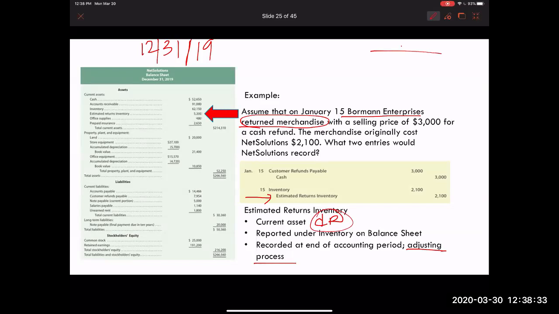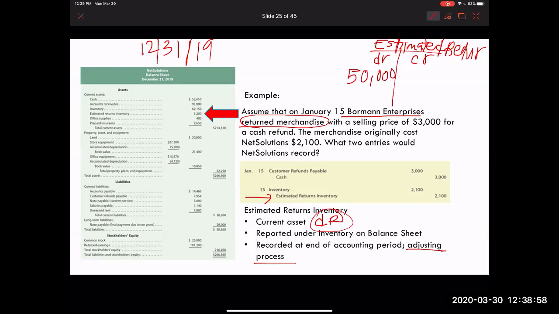The journal entry that we captured, very similar to what we did for the customer refunds payable, is at the end of the year on 12/31/2019, we had the estimated returns inventory, a current asset, as a debit. Maybe we did an estimate of, say, $50,000. That was our journal entry.